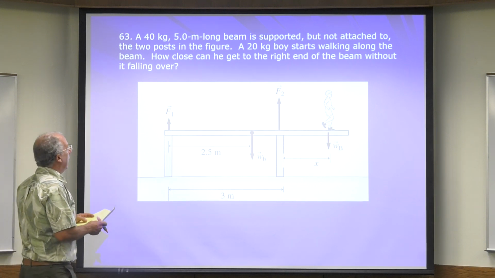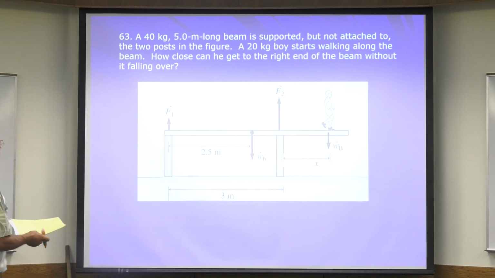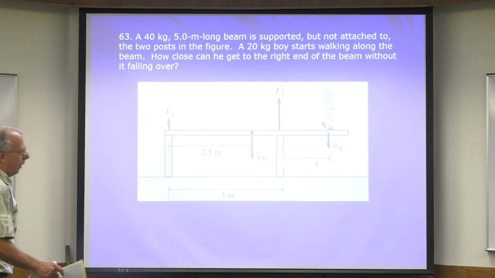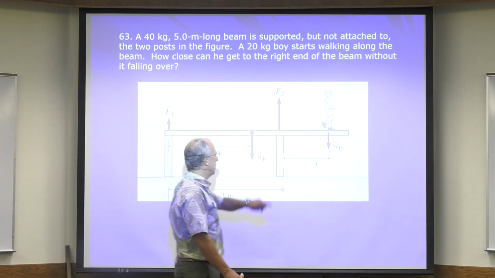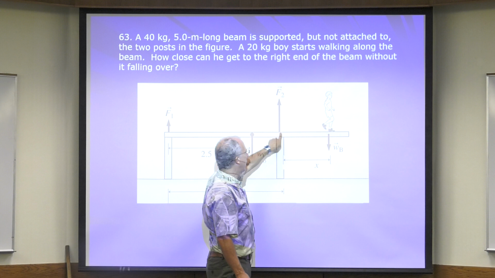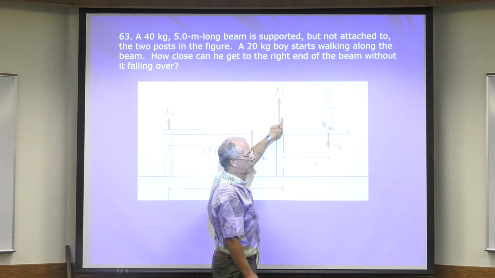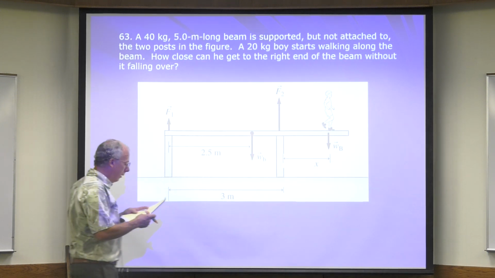Well, what do you know? You know the weight of the boy, right? You know the weight of the beam. Do you know F2? No, I don't know F2. I guess I could figure it out, but I don't know it right now. So hey, let's just be lazy. What do you say? Let's put the pivot right there. Okay, then we don't have to deal with F2. Might as well, all right?